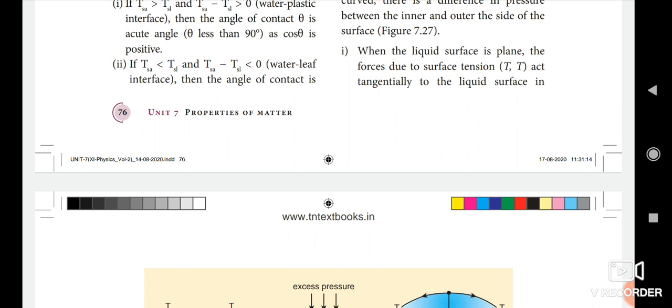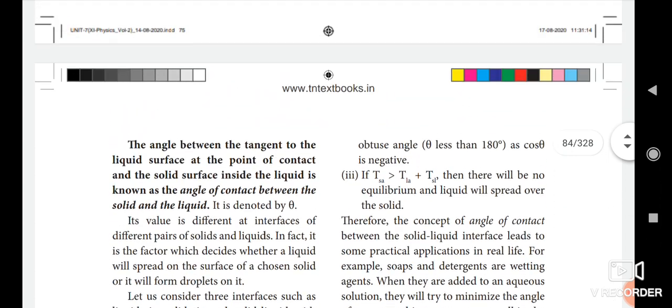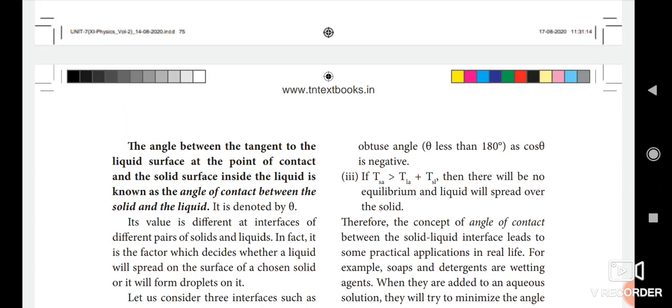Here they are water and leaf interfaces, so in first case the angle of contact is acute angle, here the angle of contact is obtuse angle. Obtuse angle means that theta value is less than 180 degrees and greater than 90 degrees. You understand? So here the theta value is greater than 90 degrees, which means the cos theta value will be negative.